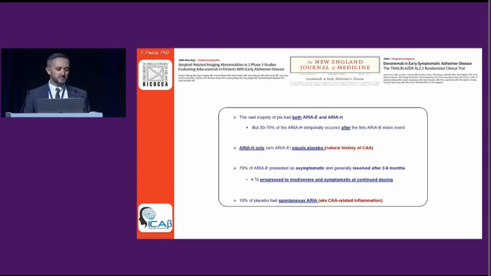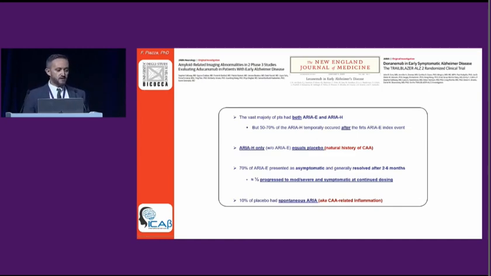So it means that this rate of ARIA-H is representing the natural history of CAA, and we are probably not going to reduce it further with any antibody. But 70% of ARIA-E presented as asymptomatic and generally resolved within 2 to 4 months.